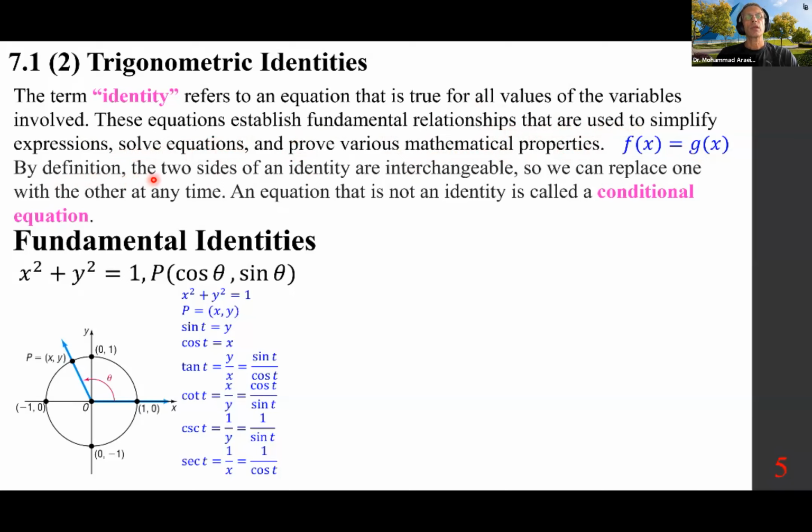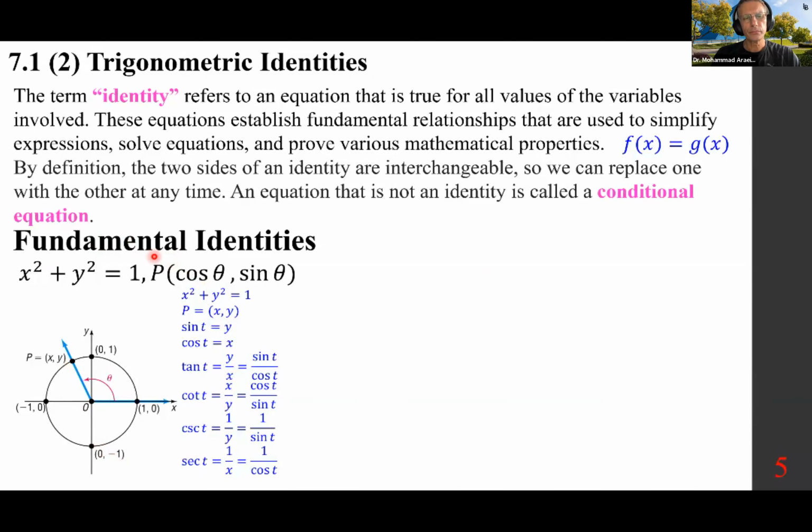By definition, the two sides of an identity are interchangeable, so we can replace one with the other at any time. An equation that is not an identity is called a conditional equation, meaning it is true at certain points. That's where you solve the equation to find the solution. Whereas an identity, regardless of the choice of x, it will work.